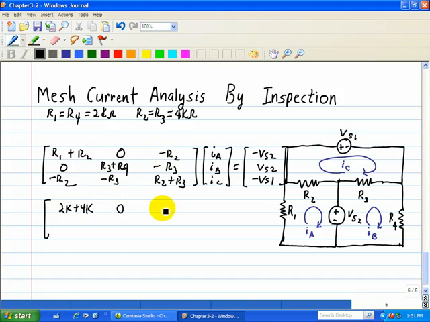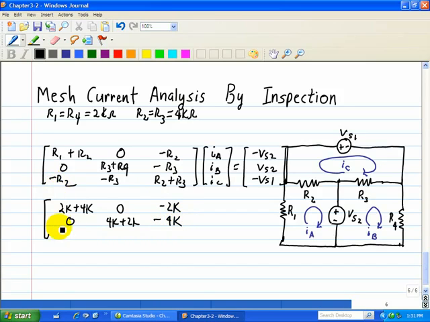Minus R2 is just minus 4K. We have a 0 here. Then R3 plus R4, which is 4K plus 2K. Then a minus R3, which is just a minus 4K.